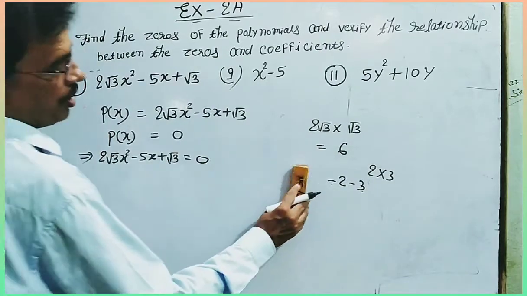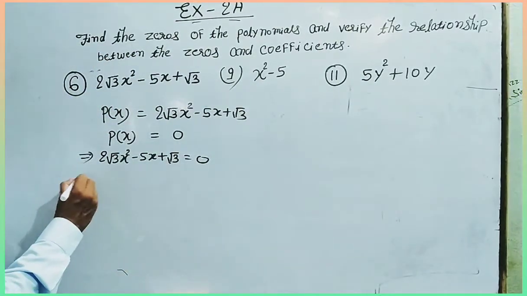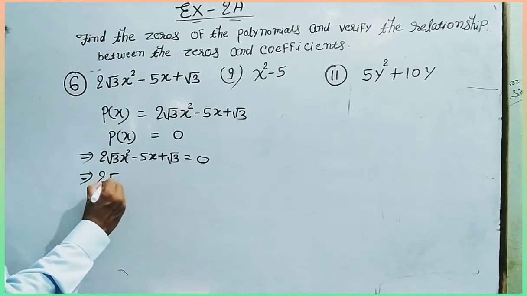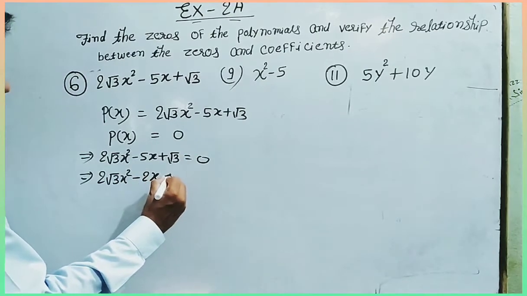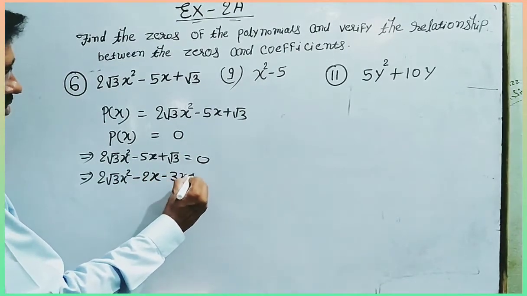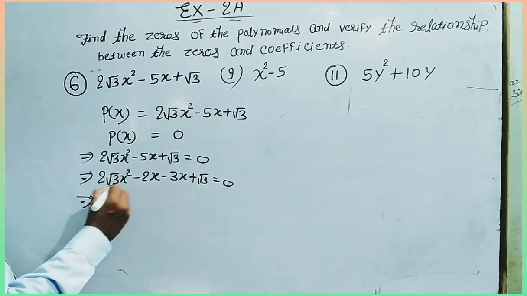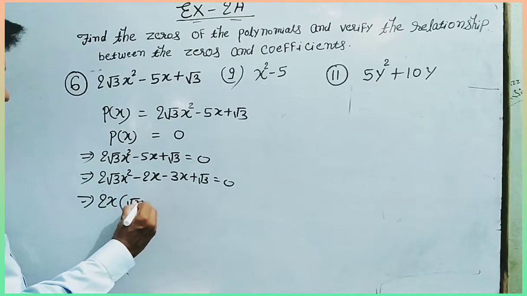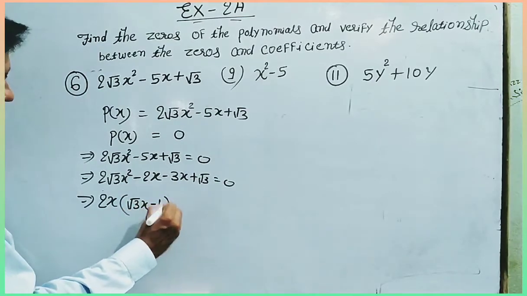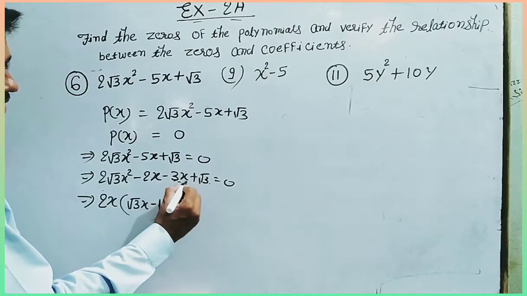So you split into minus 2x and minus 3x. So 2 root 3 x square minus 2x and minus 3x and plus root 3 is equal to 0. Here 2x is common. Then what remains is root 3x minus 1. Here root 3 is common because in minus 3x, root 3 is present.